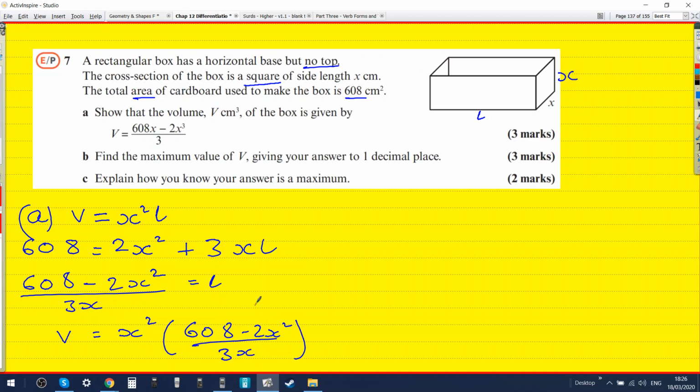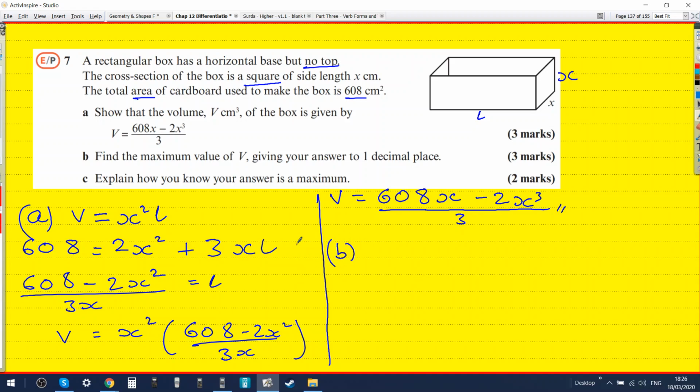I expanded it in my head and I got what they told me I would get. Examiner can't tell the difference. I pinky promise I did it in my head.